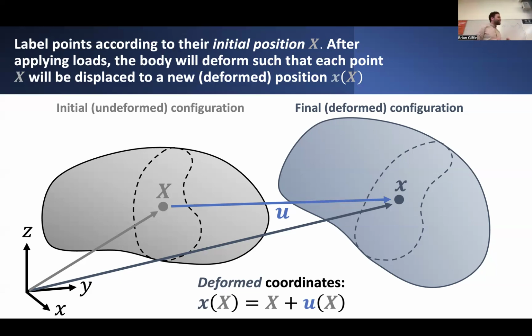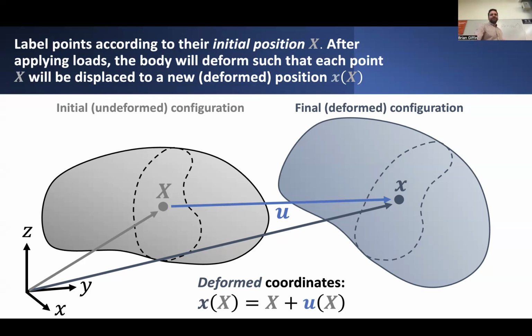So anything that's defined relative to this initial configuration, I'll use capital letters in this darker gray color. And if I'm talking about the deformed configuration of the structure, I'll use lowercase letters and this darker blue color. Do let me know if you have issues with the color scheme or if it's a little hard to distinguish.